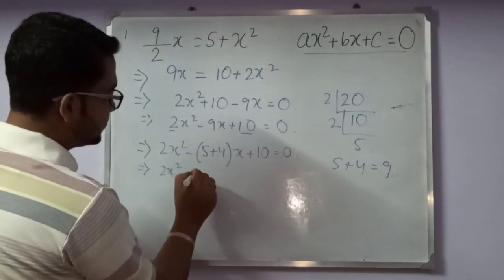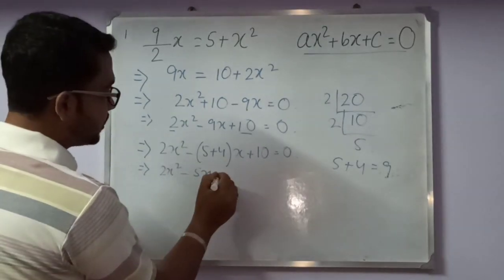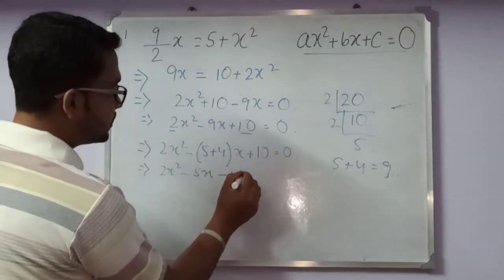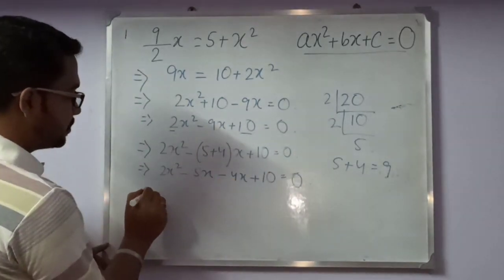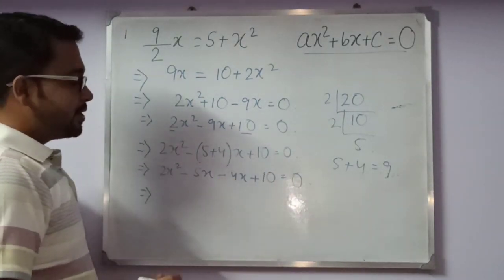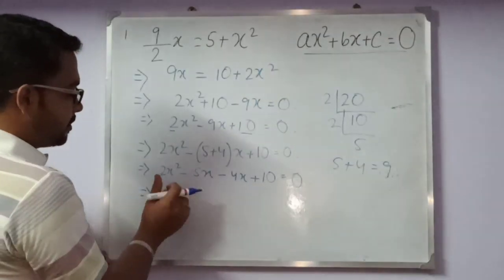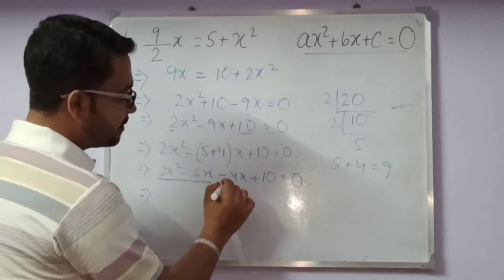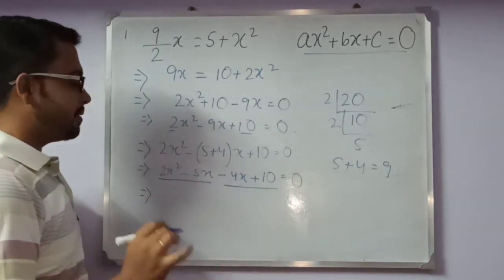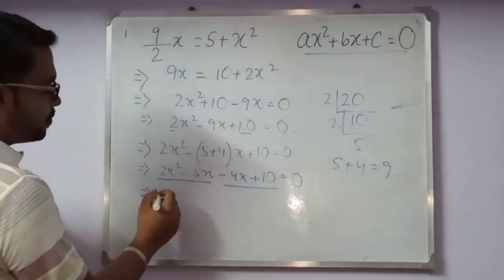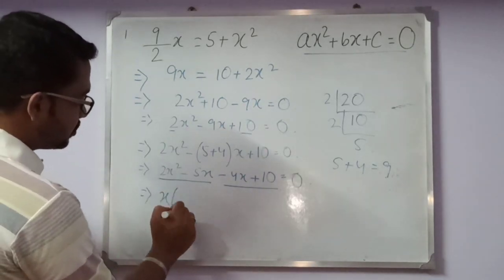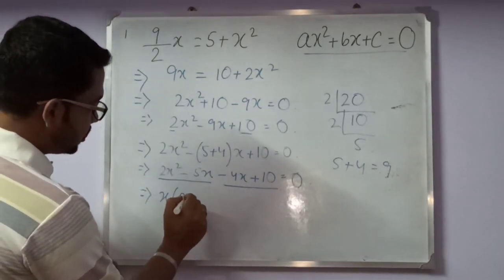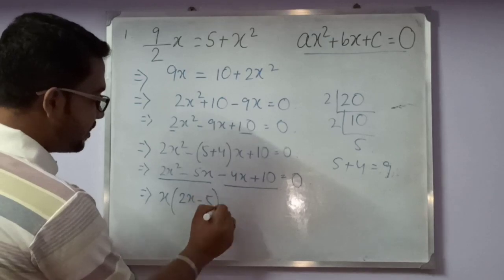2x² minus 5x minus 4x plus 10 is equal to 0. Now we have to take something common from these parts. From these two we take something common, and from these two we take something common. From these two parts we have x as common, so there is 2x minus 5 left.